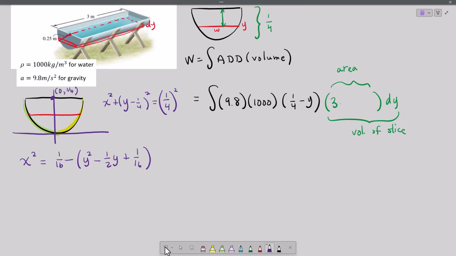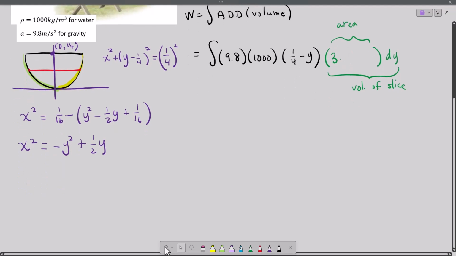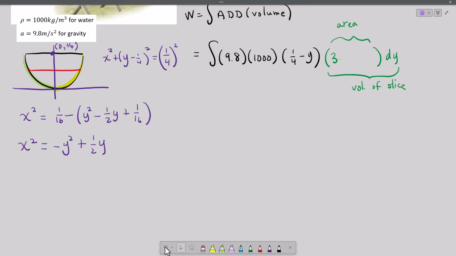Negative 1/4 squared is 1/16. So this x squared is equal to, the 16ths cancel, so we end up with that. That's x squared. And then we've got to solve for x. And whenever we take a square root, we do plus or minus.